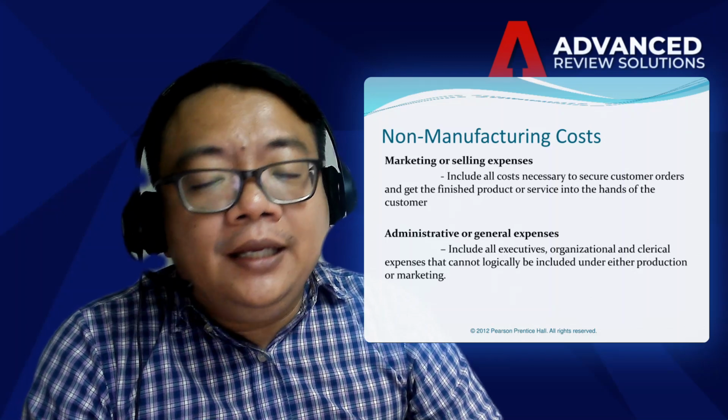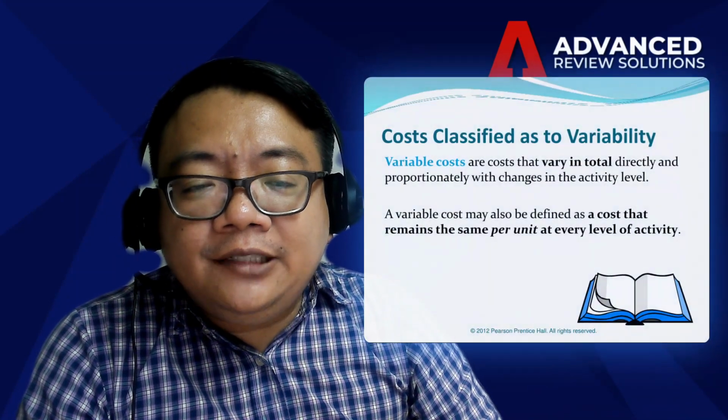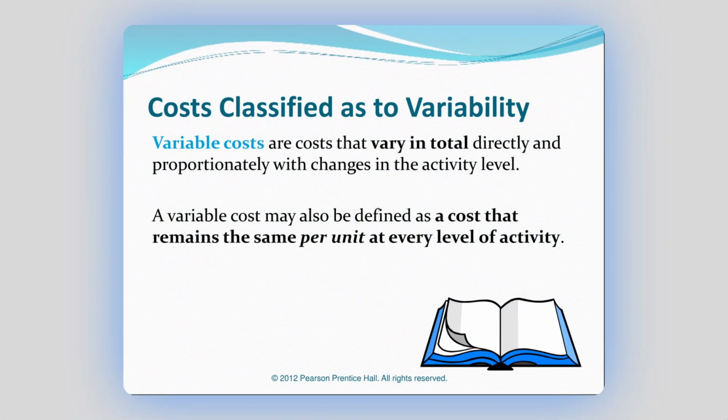Yeah. Okay? Also class, pag sinasabing cost, there would also be cost classified as variability. We have here what you call variable cost, fixed cost, and mixed cost. So, ano bang ibig sabihin ng variable cost? Please take note of this. Now, we are talking here of total variable cost, not your variable cost per unit.